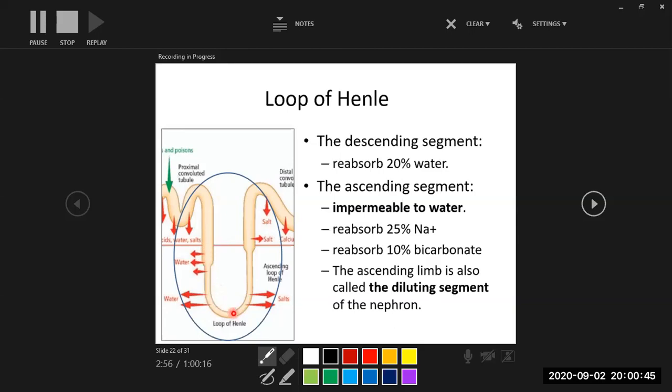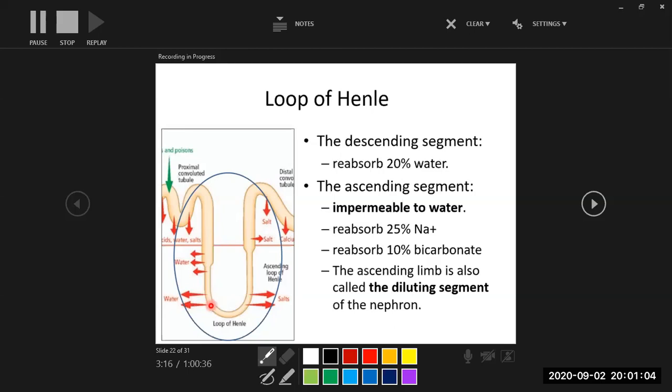And then from here on, it's salt reabsorption. Here, because this one is water permeable, the outside has a concentration of 1200 milliosmol.